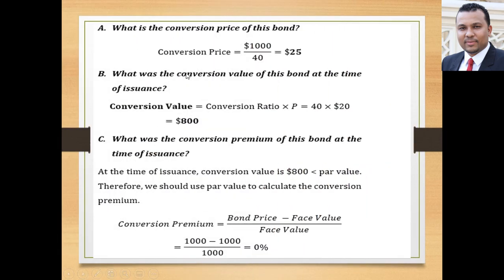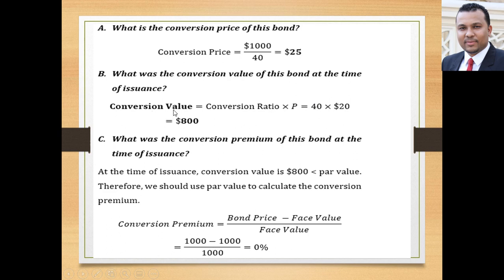Number two, what was the conversion value of this bond at the time of issuance? At the time of issuance, the conversion ratio is 40. What about the market price at the beginning? Market price at the beginning equals $20.